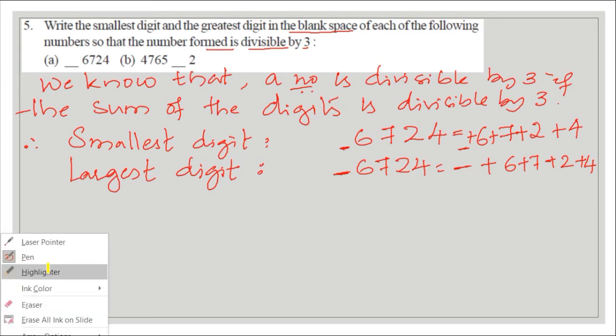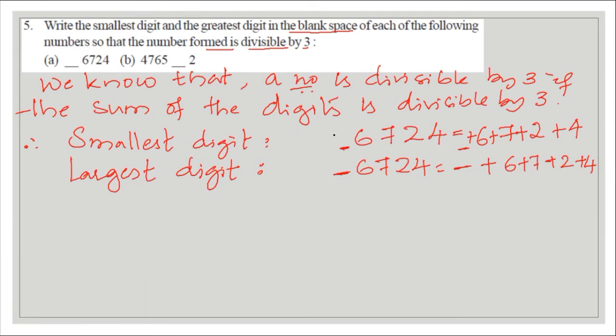So if I consider the smallest digit as 2, the sum becomes 21. So this 21 is divisible by 3, so the smallest digit is 2. In the same way, if I consider the largest digit to be 8, then the sum becomes 27.